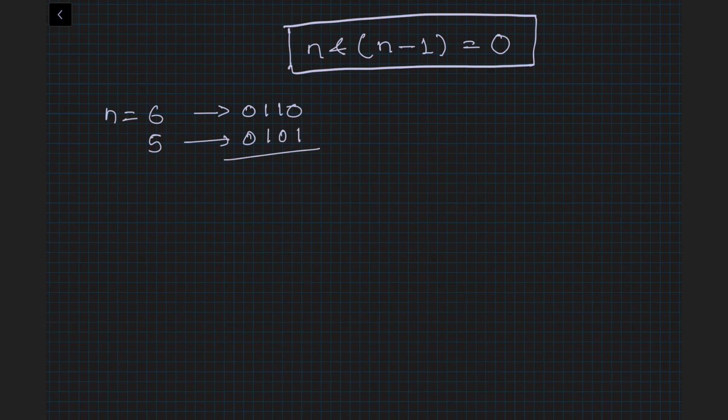If we perform an AND operation between these two, we do not get 0. So this is not working for a number which is not a power of 2. This particular logic only works when the number is a power of 2. So from this trick, we can find the solution for this problem very easily.